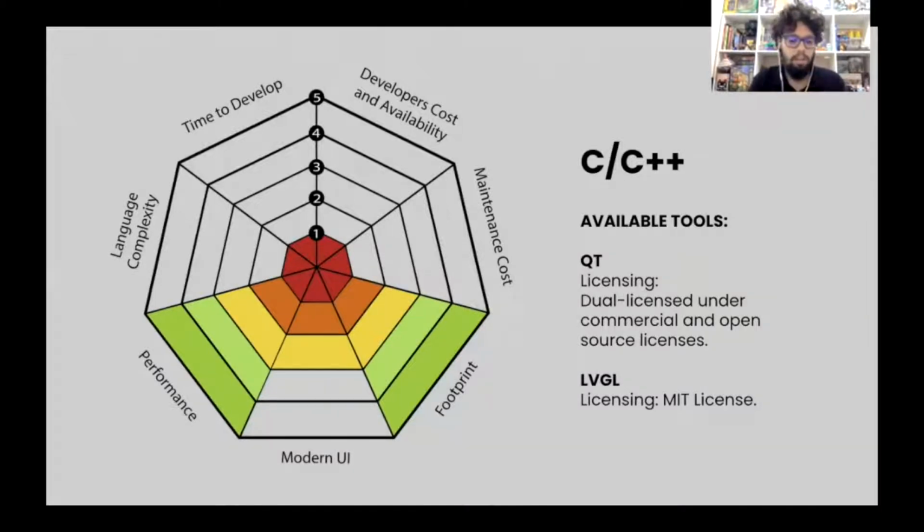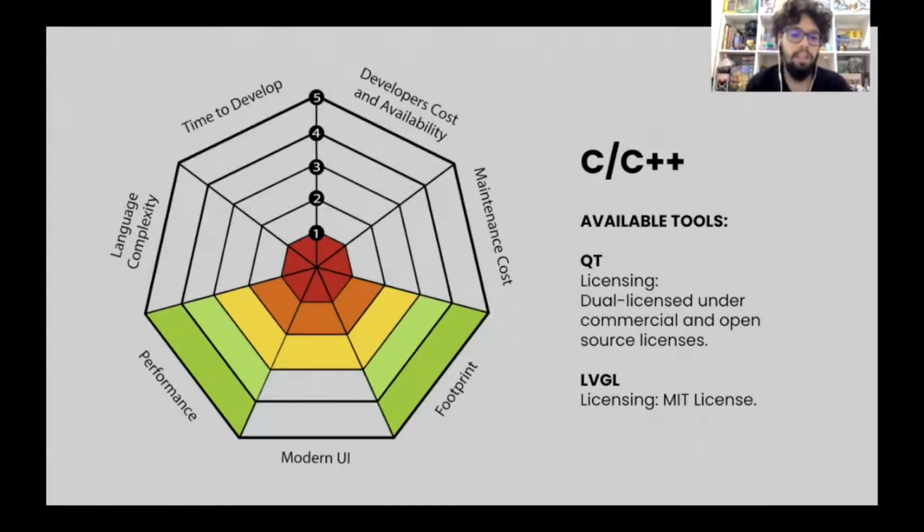It's easily the most used language when we think about embedded applications. And some of the most used, best available tools around are Qt and LVGL. So this evaluation is based on these frameworks.